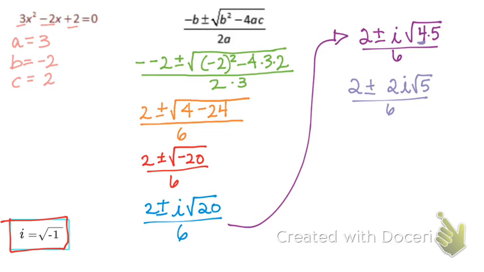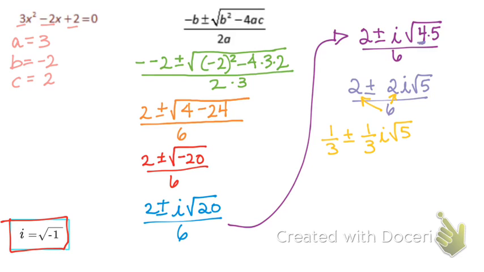But you can simplify this a little bit more. If you think of this as 2 divided by 6, or the fraction 2/6, that's the same as 1/3 plus or minus another 1/3, and then you have your i square root of 5.